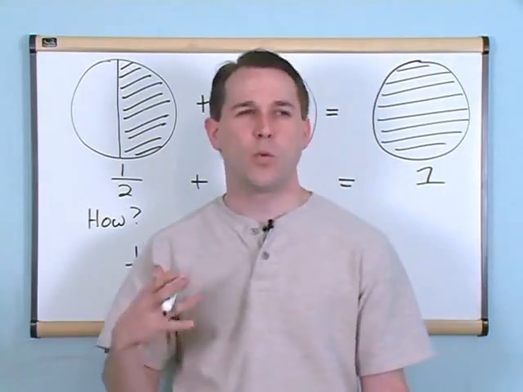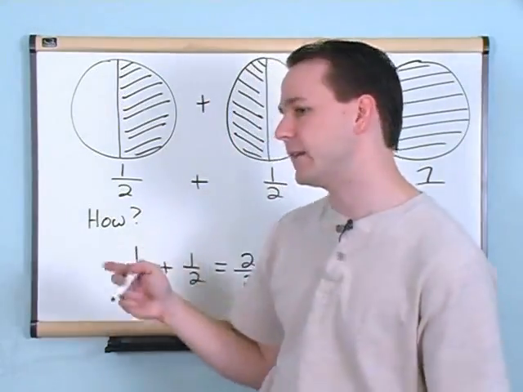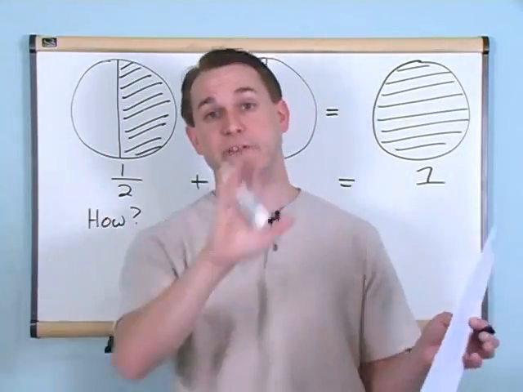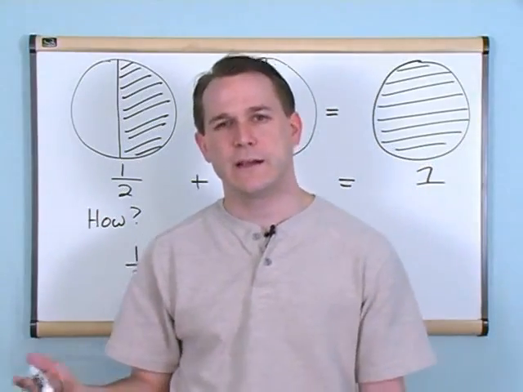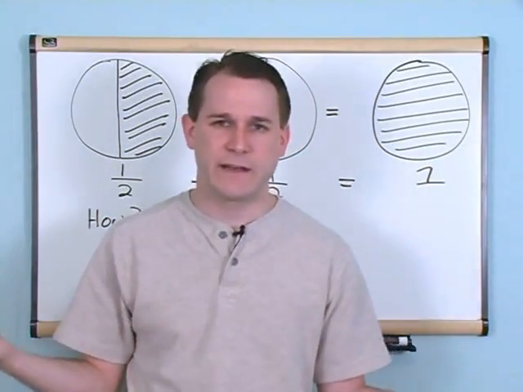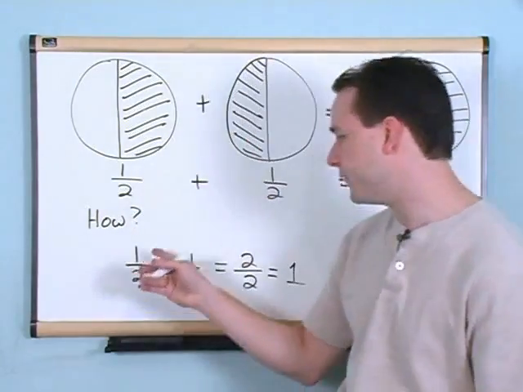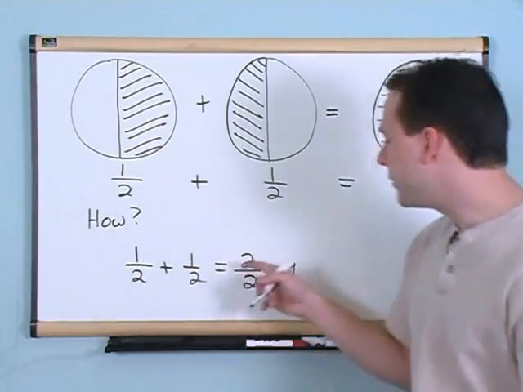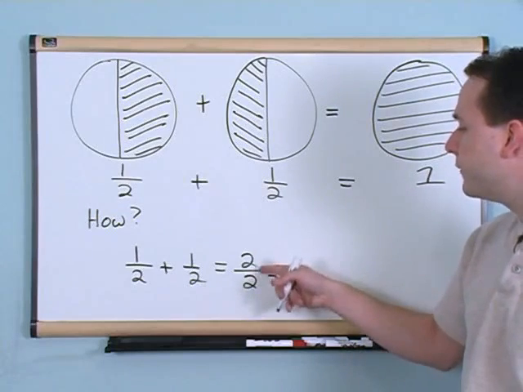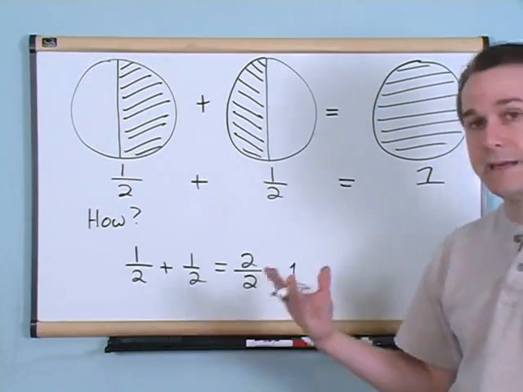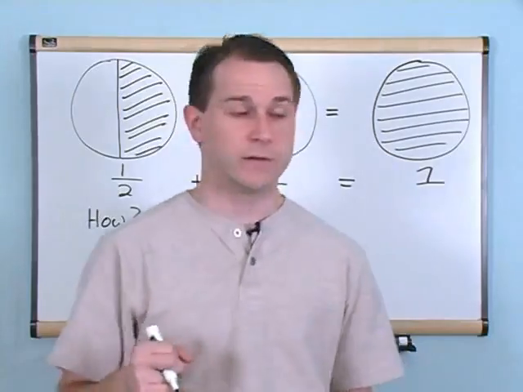But since 2 cannot be divided into 1, because we've already talked about the fact that in order to divide, you have to be dividing into a bigger number, this number is going to be less than 1, and so you just keep it as a fraction over here. But over here, when you have 2 over 2, this is like division. So 2 divided by 2, which is what a fraction really means, you can just do that, and you can make that a 1 there.